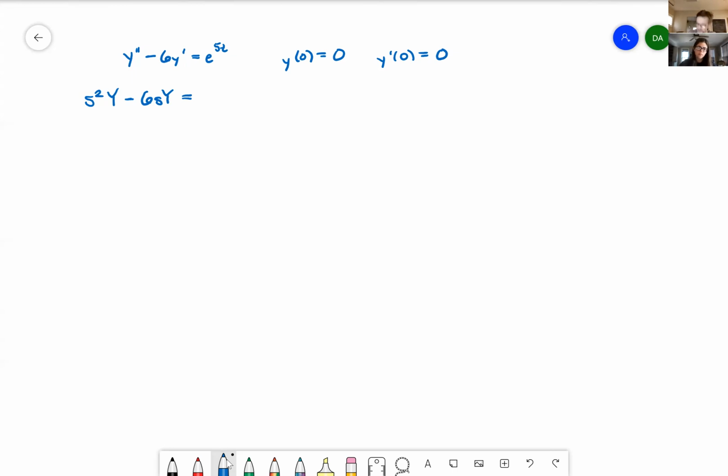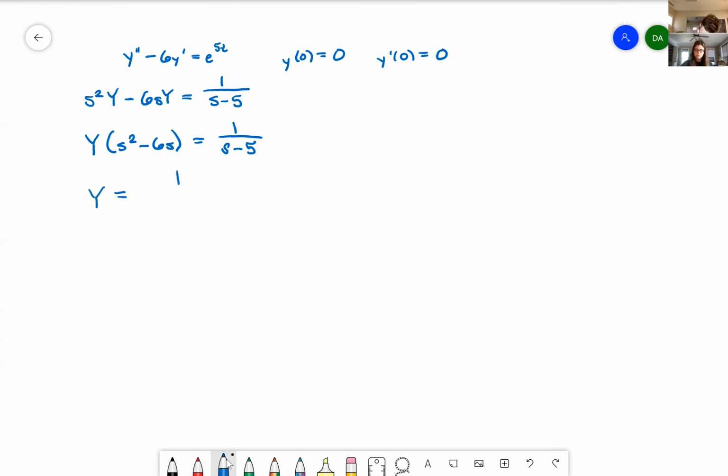1 over s minus 5, and 1 over s to the minus... That doesn't make sense. Okay. Now y times s squared minus 6s equals 1 over... Let me make my s's and 5s a little more clear so they don't look like the same thing.